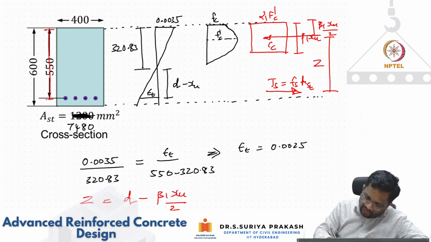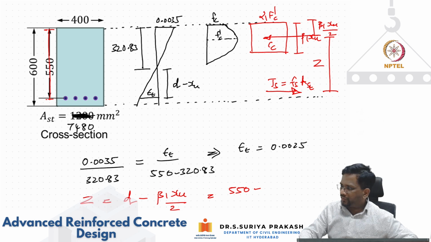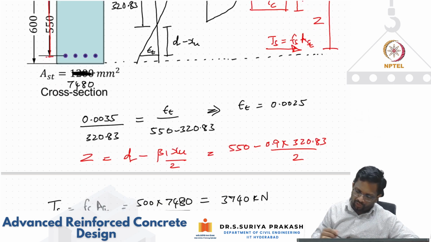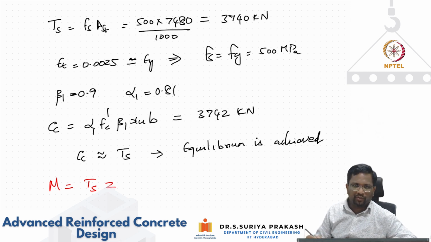Which is 550, so we can write the lever arm as 550 minus beta 1, the value we have taken as 0.9, multiplied by Xu, 320.83, by 2. If you substitute, the moment resistance will be equal to the tension force multiplied by the lever arm d minus beta 1 Xu by 2.